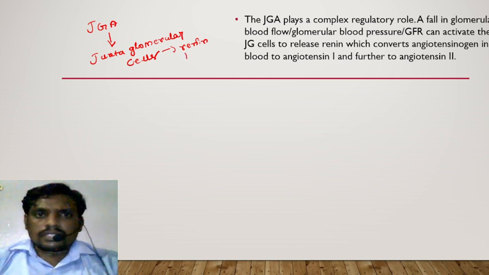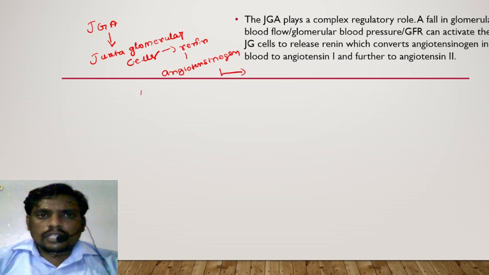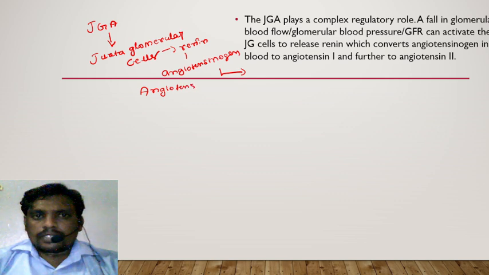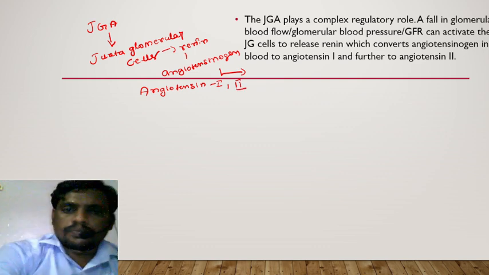Renin converts angiotensinogen into angiotensin 1. What is that? Angiotensin 1 will finally be converted into angiotensin 2.